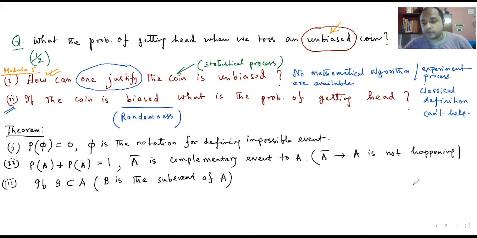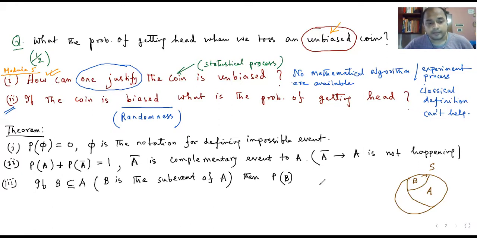This means, suppose we have the sample space capital S. Inside it, we have the sub-event capital A. And inside the sub-event capital A, another sub-event is there, which is B. Then probability of B is less than or equal to probability of A.